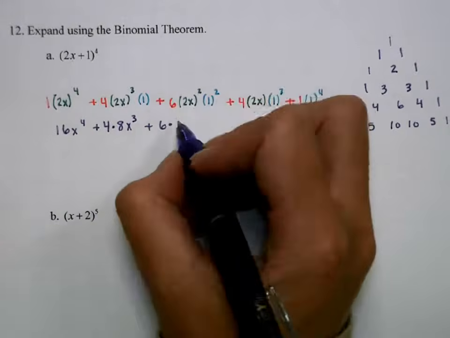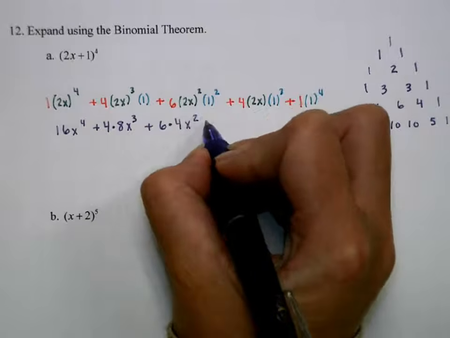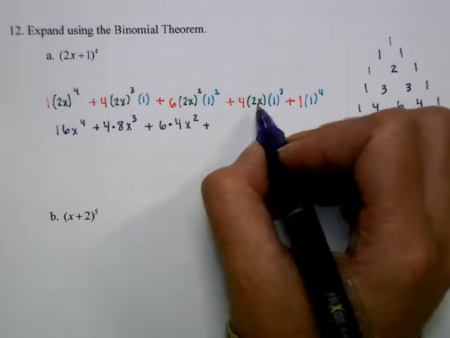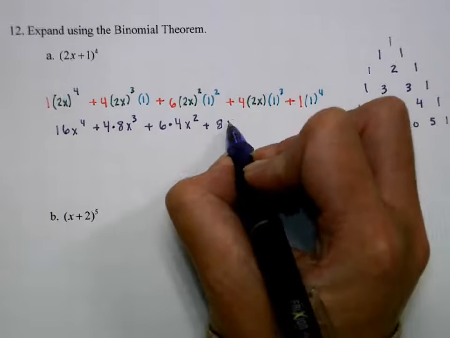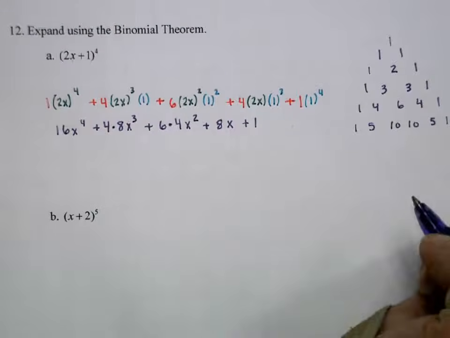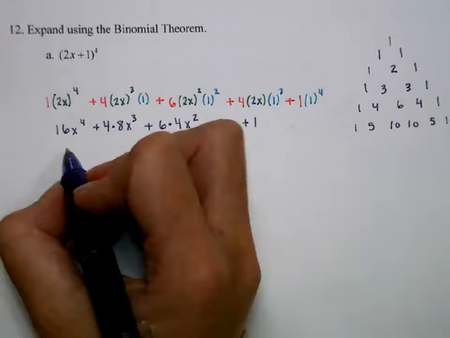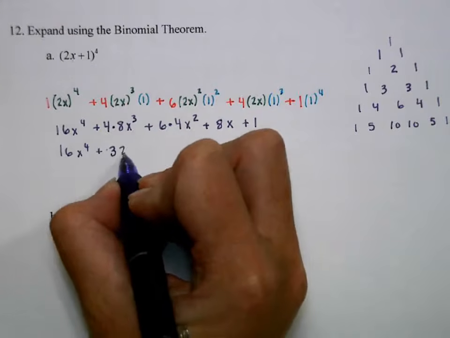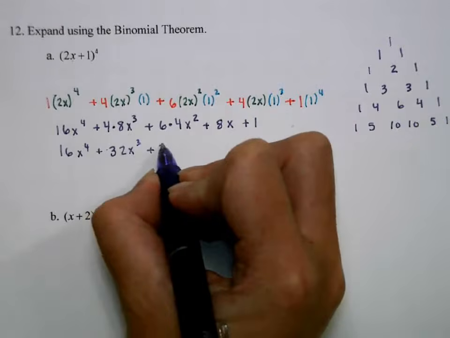Here I don't have a power I need to deal with, so I'm going to say 8x, and then 1 times 1 to the 4th is just 1. So my final step would be to do those 2 quick multiplication problems. And that's how we can use the binomial theorem to expand.